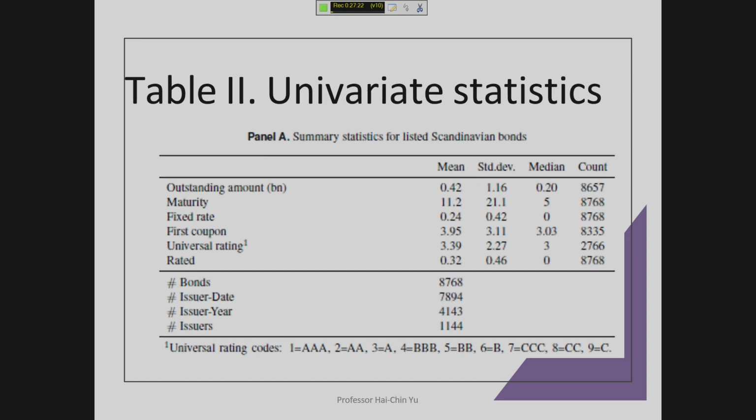And we can see the regular bonds is a 3.39. So it's during this range.